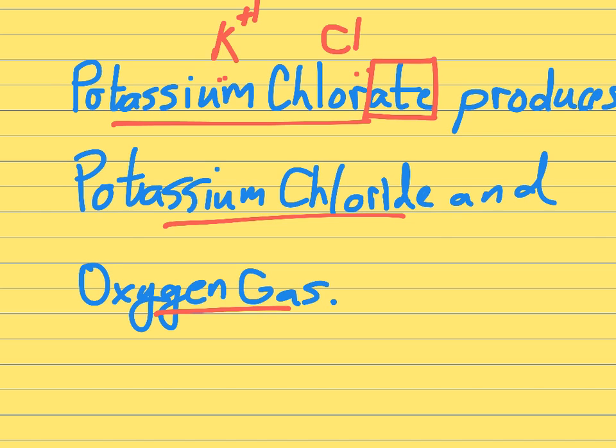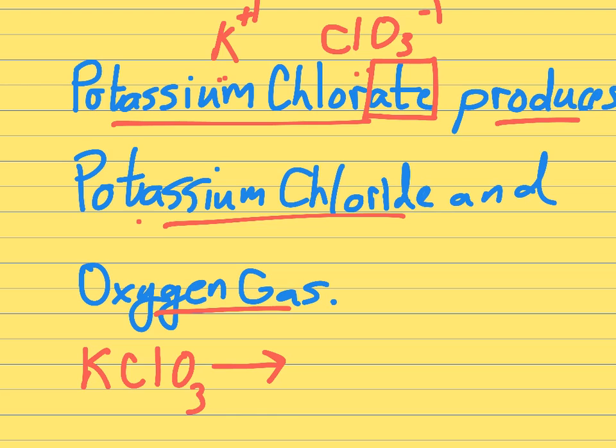So ClO3, and that has a combining capacity of -1. So when I cross these over, I'm going to get KClO3. There's potassium chlorate. Produces, that's my arrow, potassium chloride. So let's go potassium and chlorine.